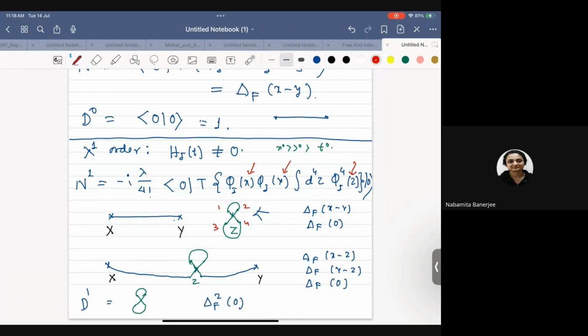But I could have done this, or I could have as well done this. Or I could have as well, now I don't know how to draw, but done this. And all of them would have given me delta F squared of 0.